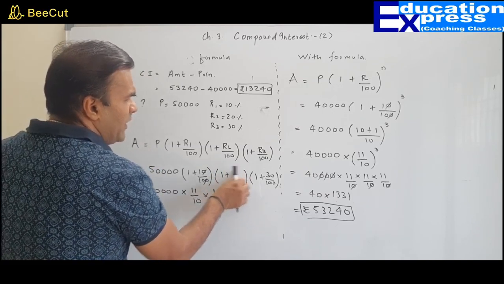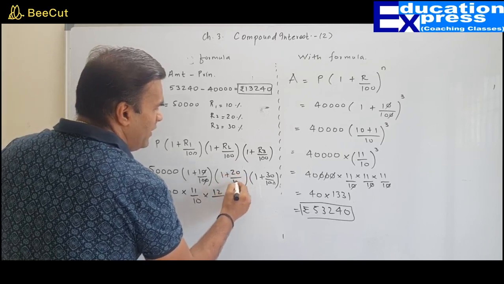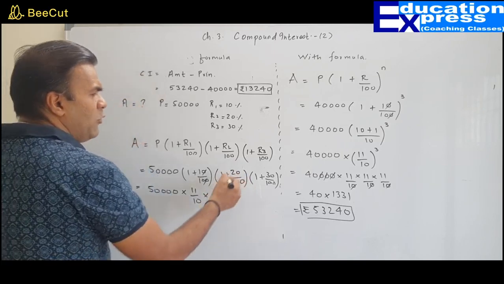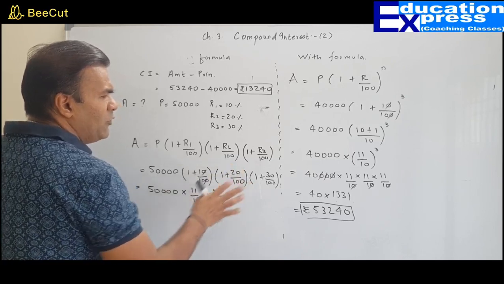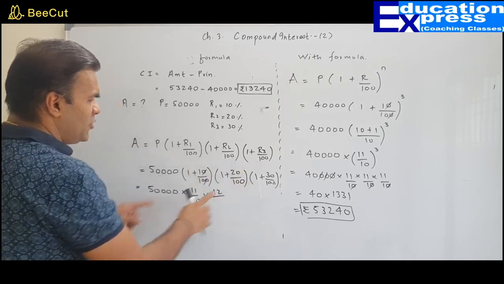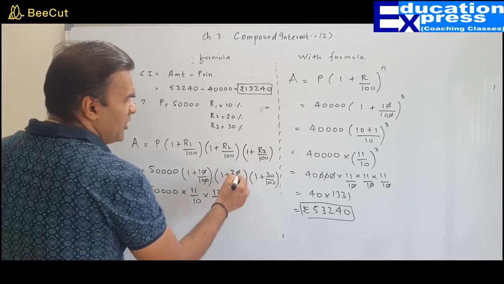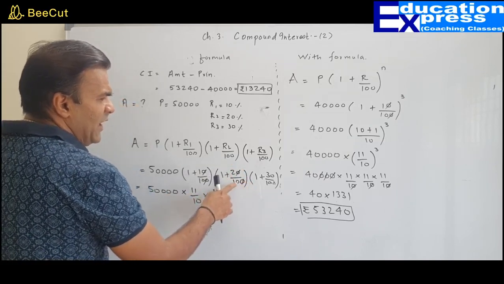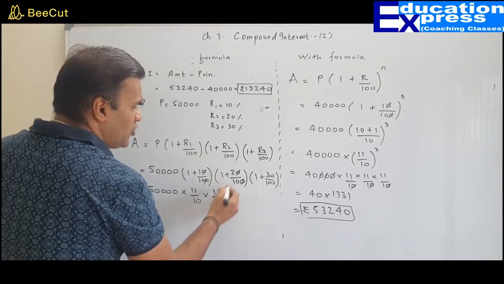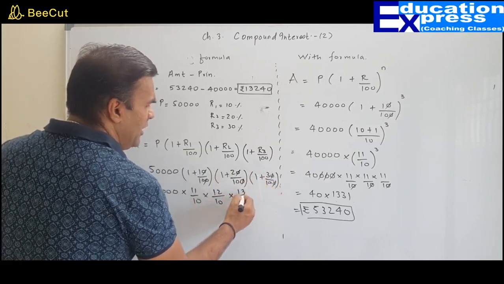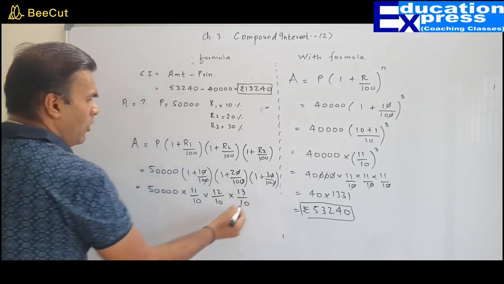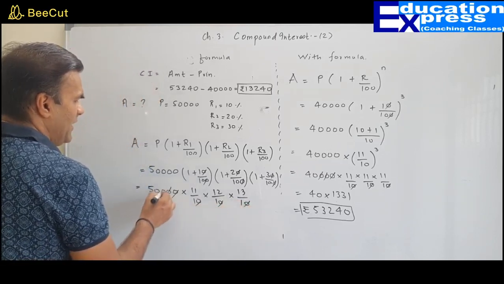Many people would like to go for 1s and 5s if it is 20 upon 100, but I am of the opinion to keep 10 down because it becomes very easy to cancel all the zeros. We are left with 11 upon 10, 12 upon 10, multiplied by, same way, 13 upon 10. So all the zeros can be cancelled at one shot.